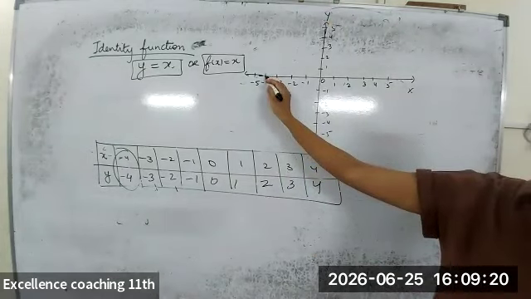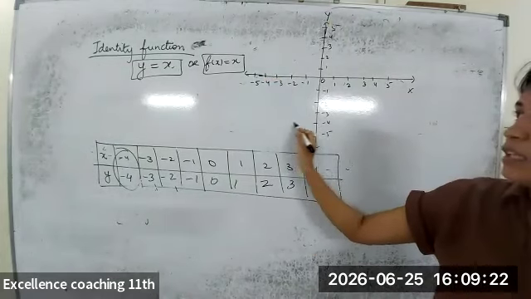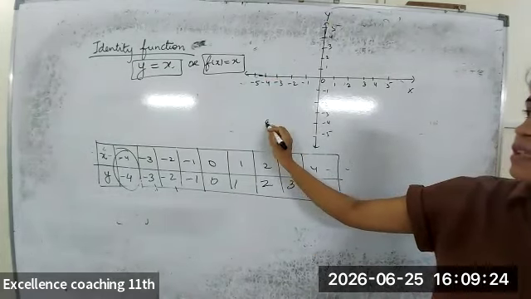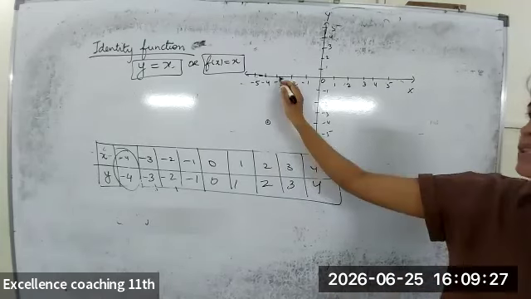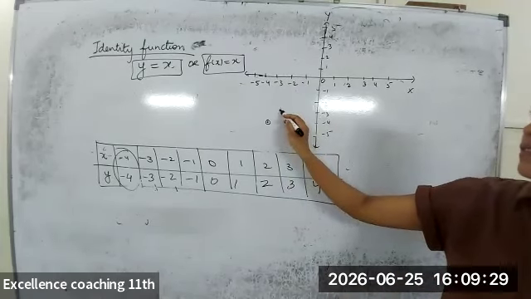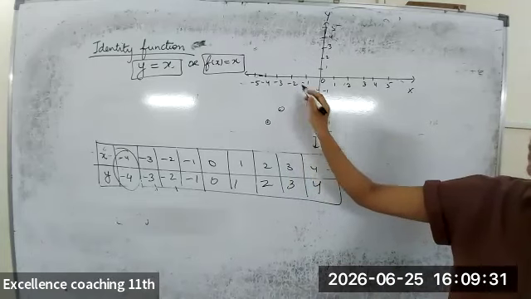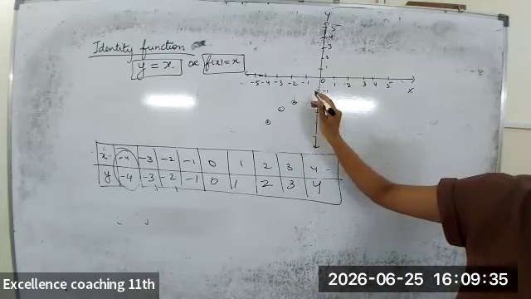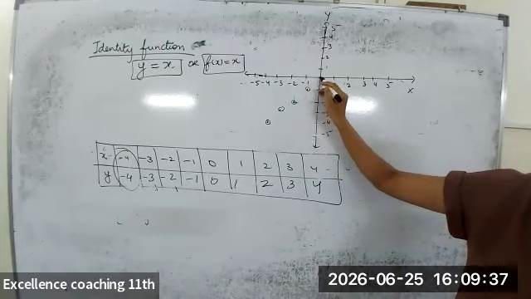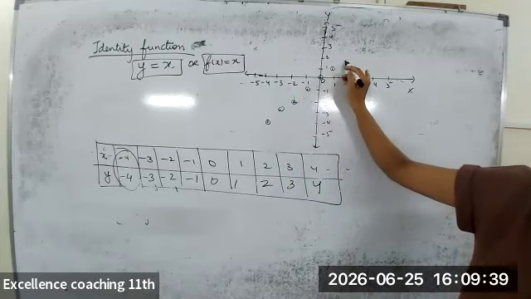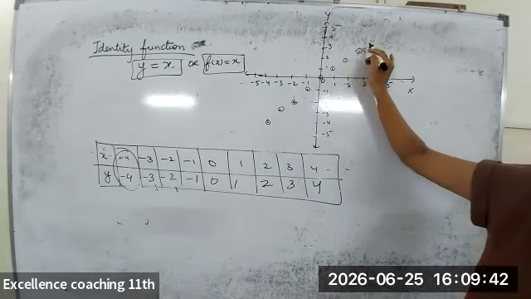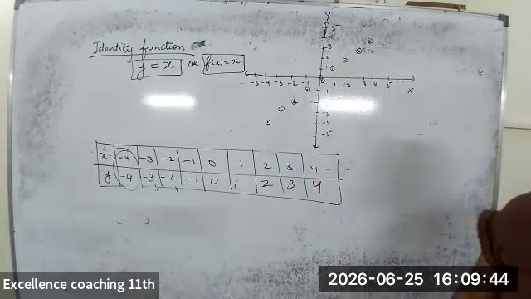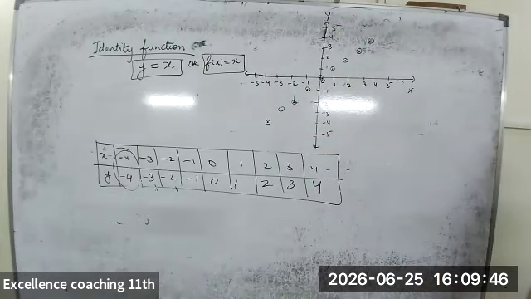-4, -4. How will the point be? Here somewhere, this side also. -3, -3. -2, -2. And join all the points.